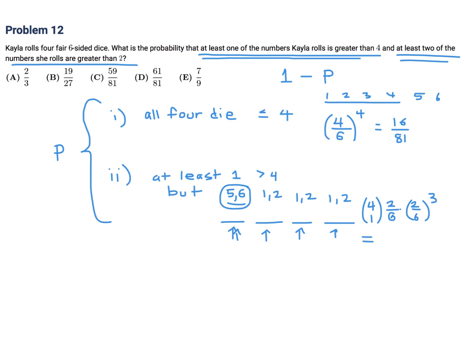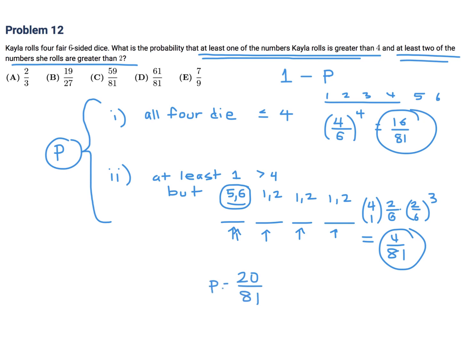So when you crunch out these numbers, this becomes 4 over 81. So the probability P is basically the 16 over 81 plus this 4 over 81, which is 20 over 81, which is P. And then we wanted 1 minus P, which is the complement. So that's going to be 61 over 81. And 61 over 81 is D.